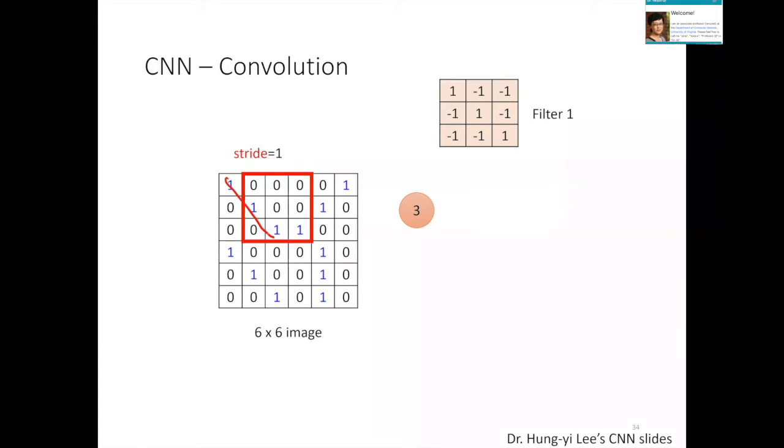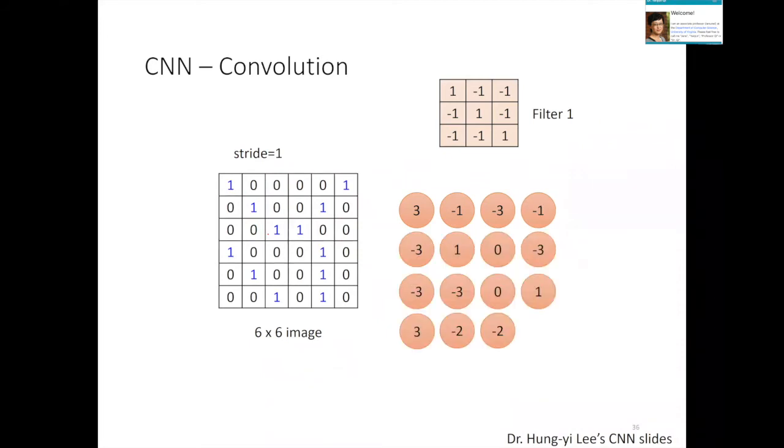In fact, it's just an inner product of this matrix and the window matrix, the window I just extracted from my current image. You just keep applying, and until the end, it gives you the full inner product operation results. All right, so this is how you get the result from applying the first filter.